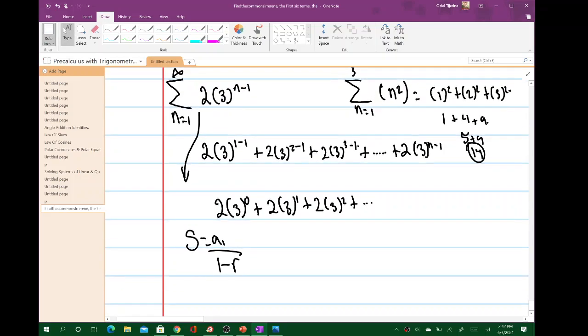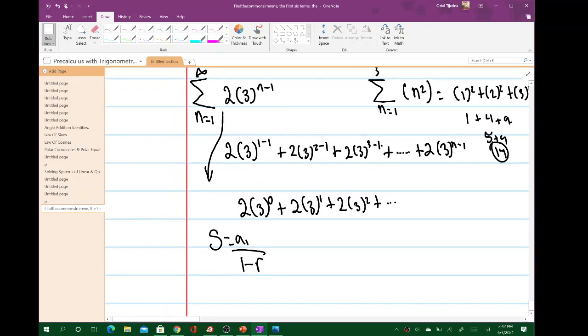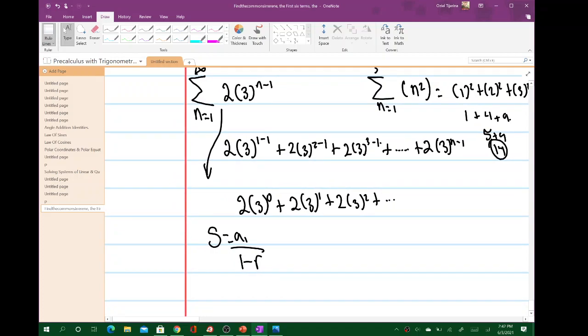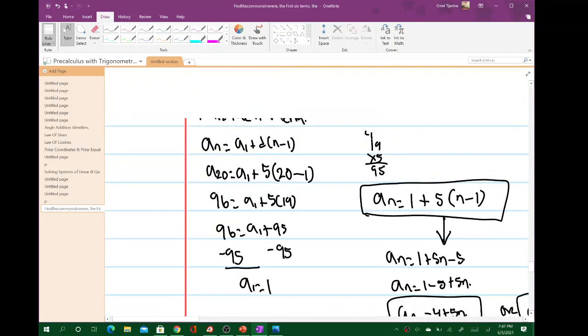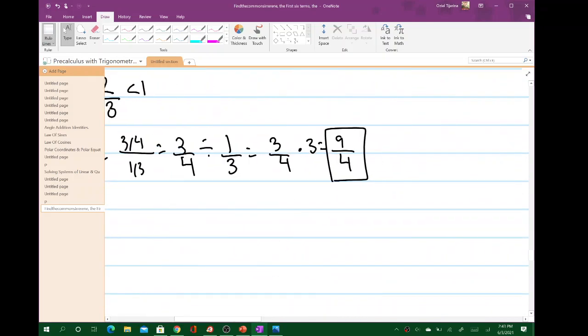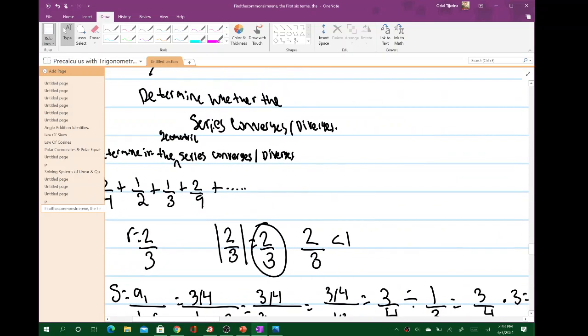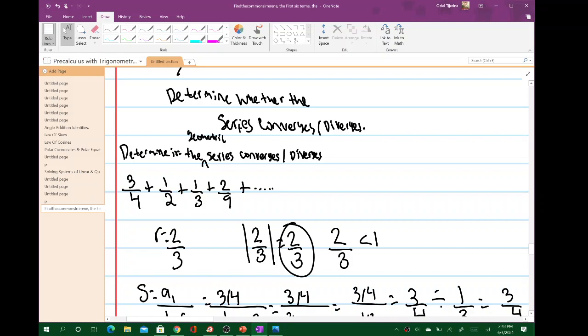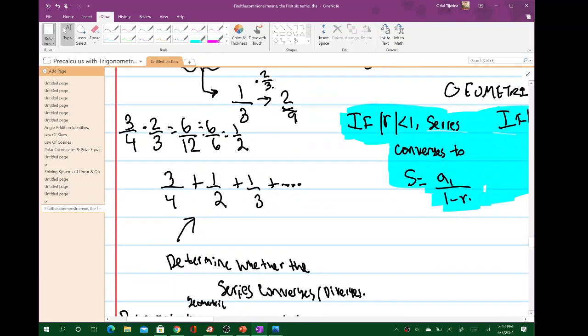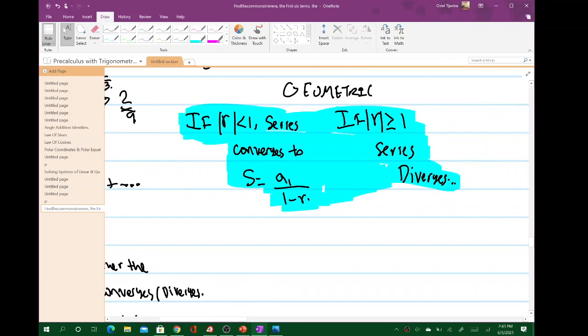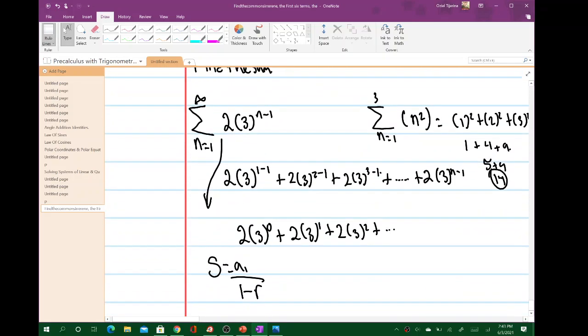And remember I said over here that if r is greater than or equal to 1, the series diverges.